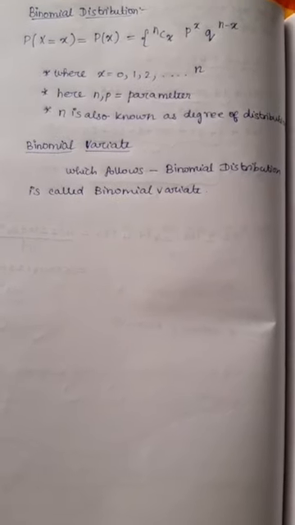First, we can see the binomial distribution of probability mass function. For the probability mass function, we have to prove that the sum is equal to 1.